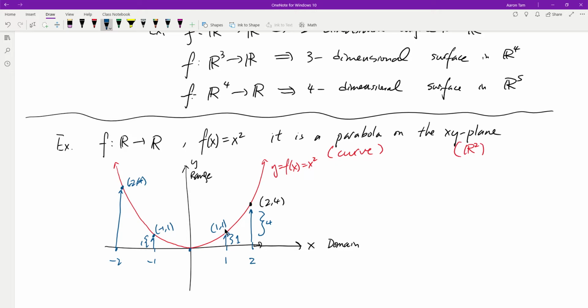So therefore, the general idea of drawing the graph has the following properties. Number 1, the range is perpendicular to the domain.